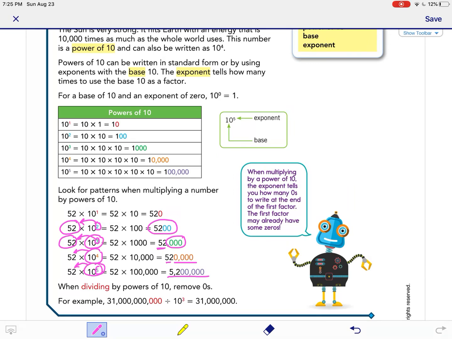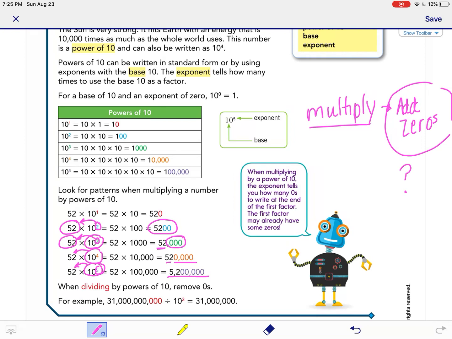So when you multiply by a power of 10, you are going to add zeros. How do you know how many zeros? Whatever number the exponent is tells you how many zeros to add. Okay? Multiplying, add zeros. How many? However many that little exponent says.